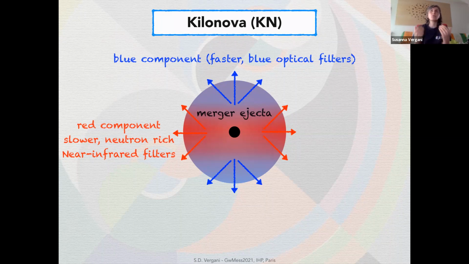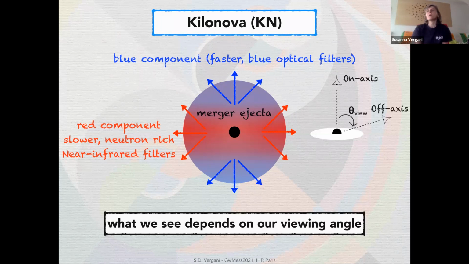It's called the blue component because it is visible in the blue optical filters, okay? Then we have a red component that is slower, rich in neutrons, and visible in the near infrared filters. So to observe a kilonova, I will use these optical frequencies, and in particular, I expect a component in the blue that rises very fast but also decays sooner, and a red component to be observed in red or near infrared filters, okay?